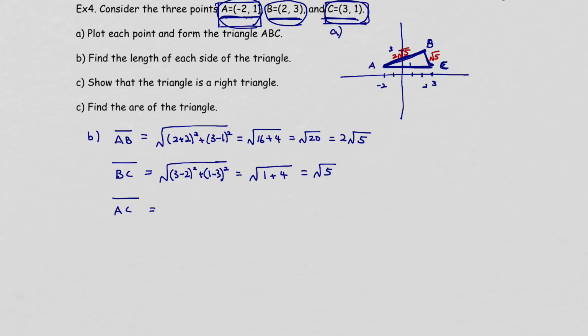Then I will have square root of 3 minus negative 2 squared plus 1 minus 1 squared. That will be... oh, it will be minus negative 2, so we'll be adding. So it will be 5 squared, 25. And 1 minus 1 is 0, right? 0 squared is 0, so you're adding nothing, which gives you 5. So this distance will be 5.